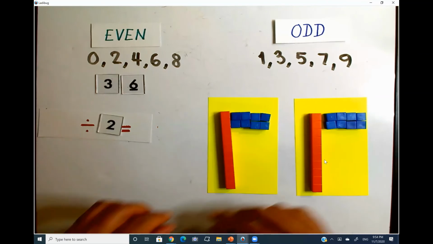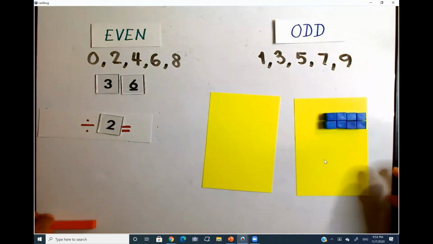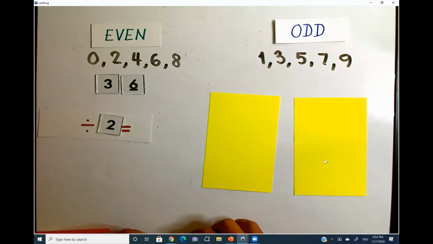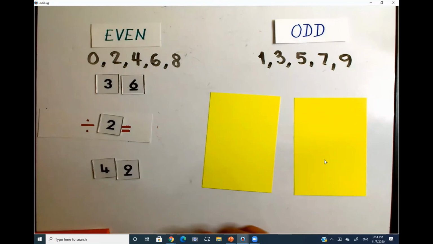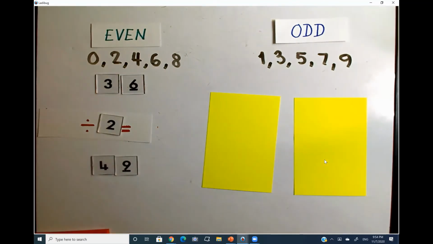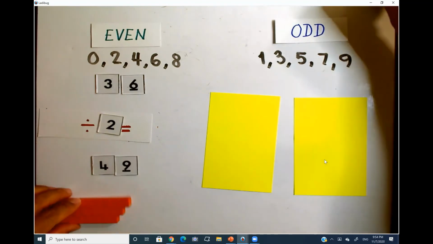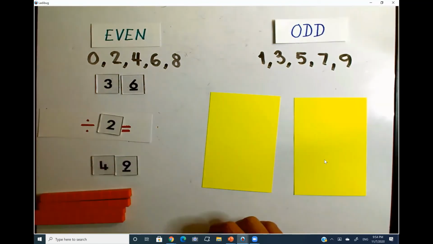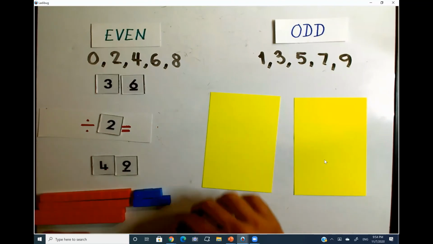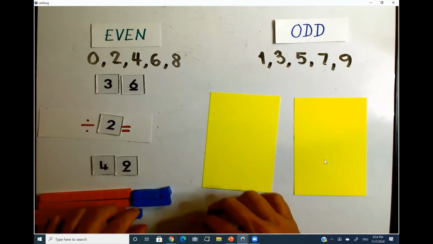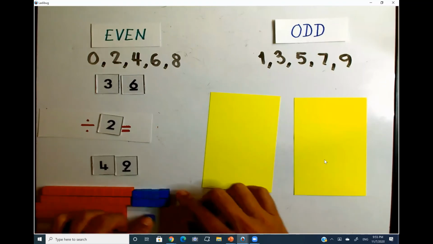Now let's try a different number. Let's try the number 49. So 49, is that even or odd? So the first thing we're going to do is to represent the 49. That's 10, 20, 30, 40, and 9 ones.